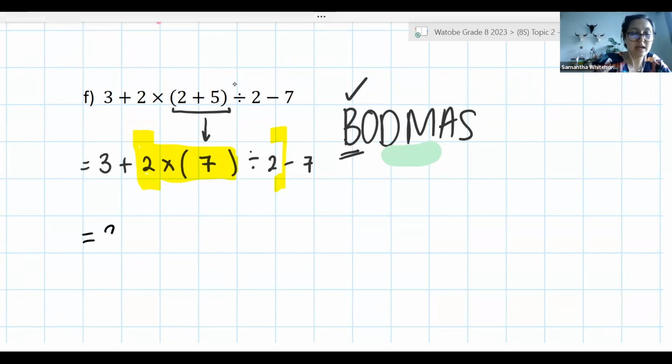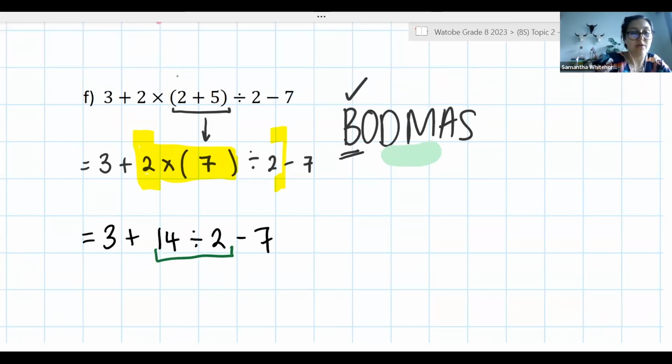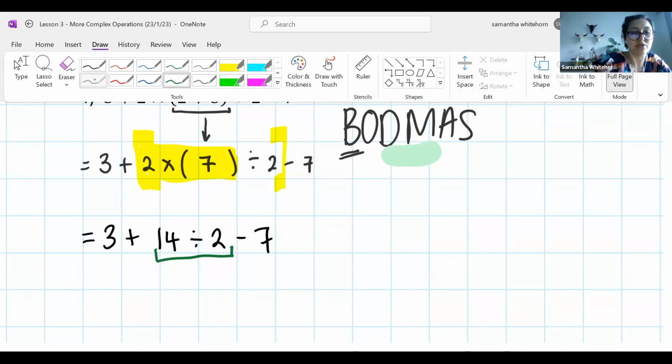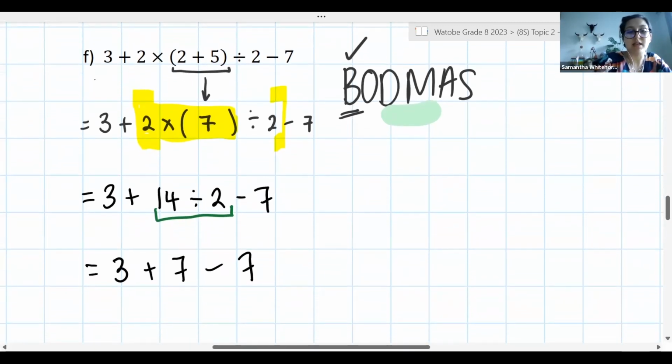I will get to that. 2 times 7 we know is 14. Then I've still got my divided by 2, and then I've still got my minus 7. From there, we then do our division, and we know that 14 divided by 2 is 7. And only after we've done the division and the multiplication can we get our final answer.